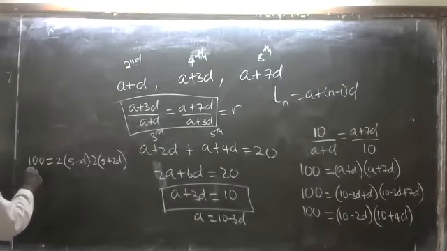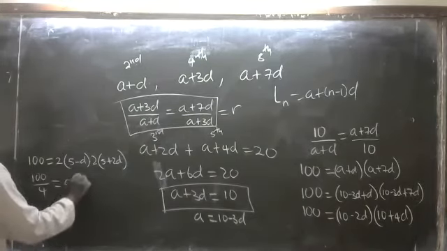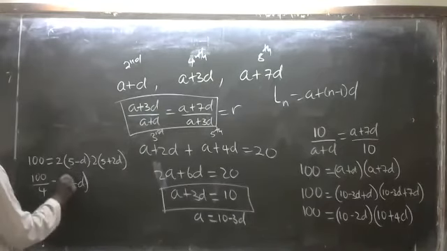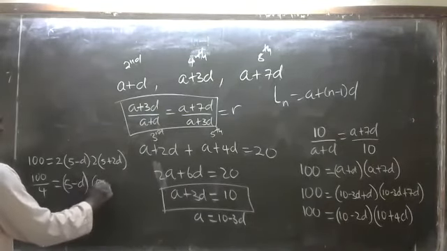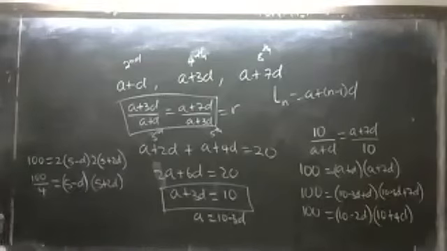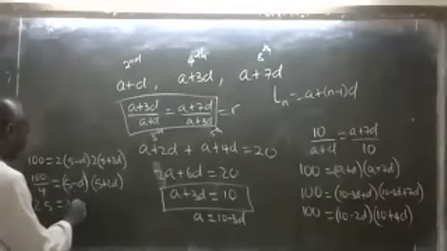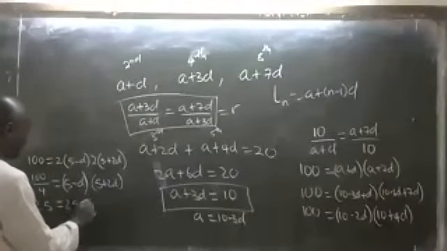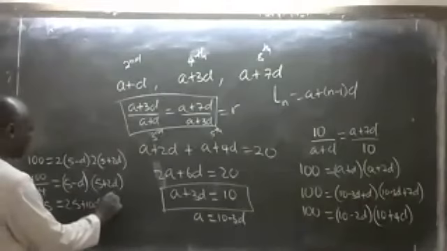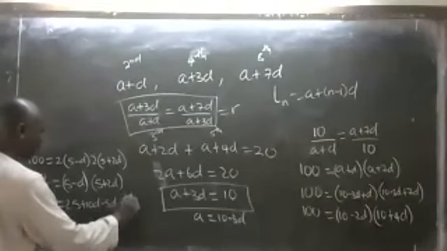We shall have here 100 over 4 is equal to 5 minus D times 5 plus 2D. So we can now open up the brackets and create a quadratic equation, which is now 25 plus 10D minus 5D minus 2D squared.